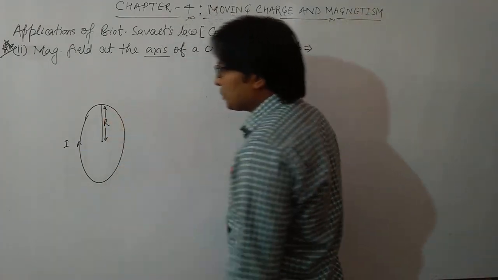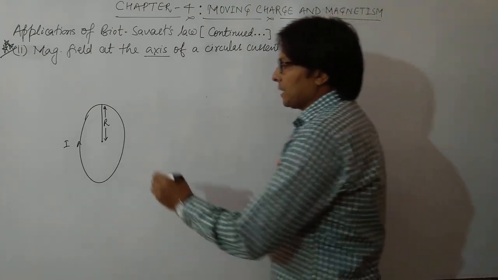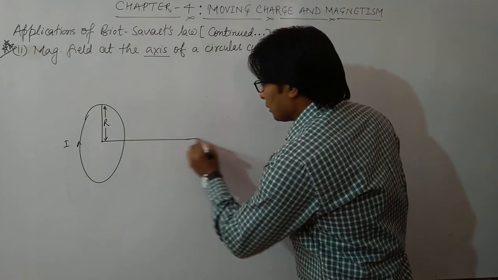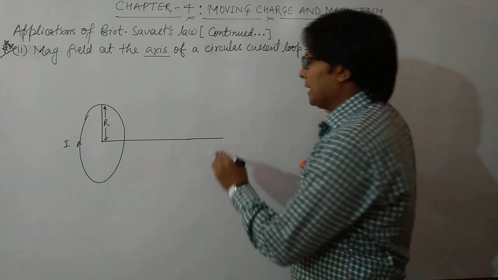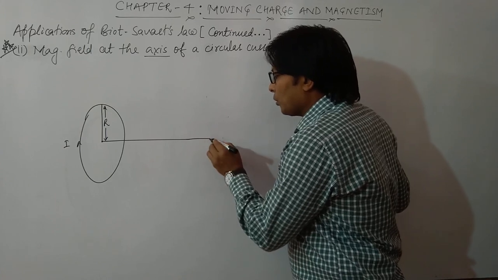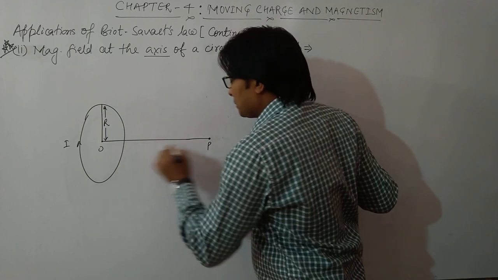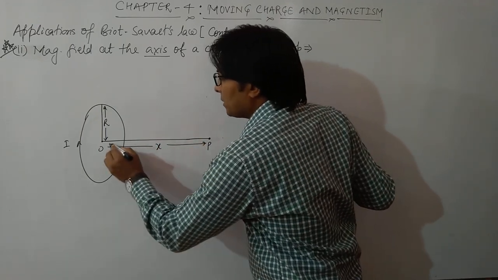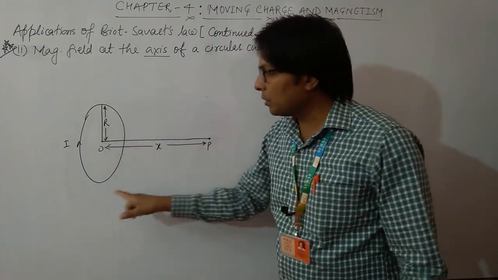This is the radius of this circular loop which carries a current I in clockwise direction, and this is the axis of this circular loop. Suppose on the axis at point P, the distance from the center is x, and we want to derive the formula of magnetic field at point P due to this circular loop.